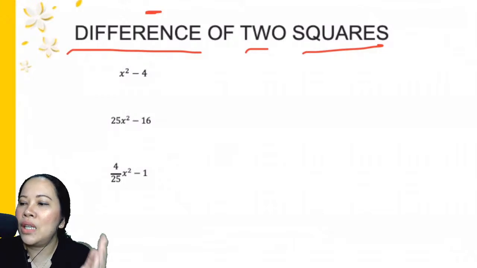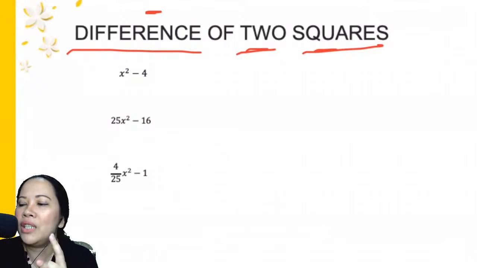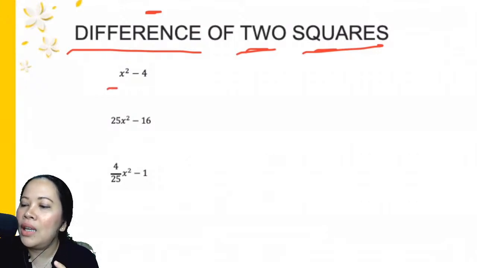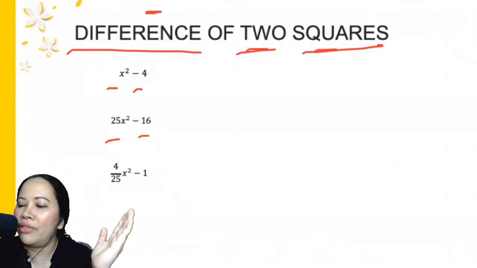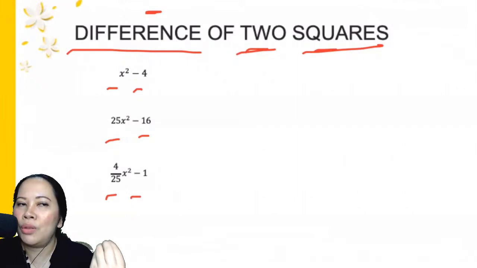Since it says two squares, you can only factor this if you are given only two terms. So how would I know? First, you check if it's only two terms. If yes, then I can probably use difference of two squares.